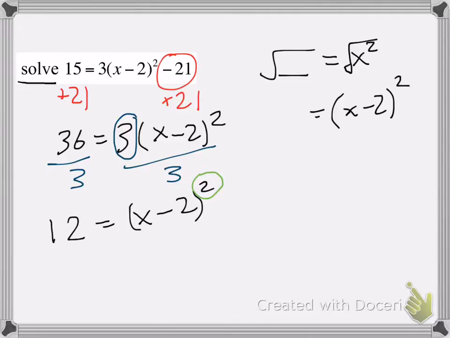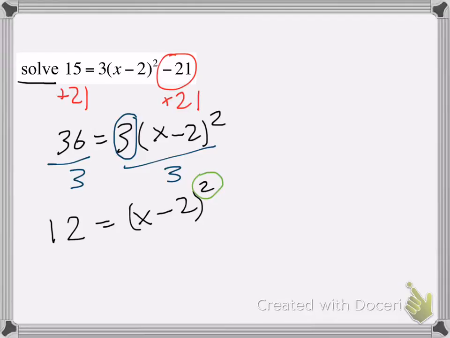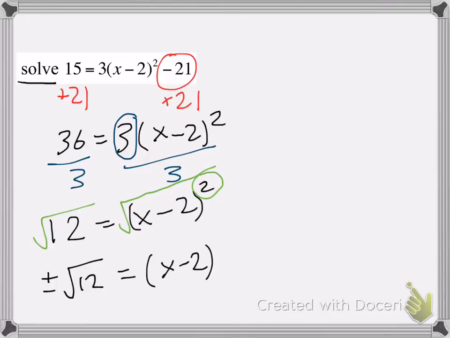I can still take the square root of both sides to get rid of that square there. Square root is still the inverse operation I want to use. So when I take the square root of both sides here, I need to remember, again, to take both the positive and the negative square root of 12, and that's going to give me x minus 2, since I undid that square with my inverse operation.